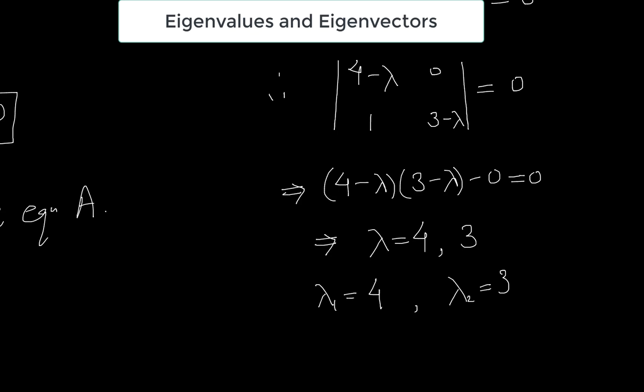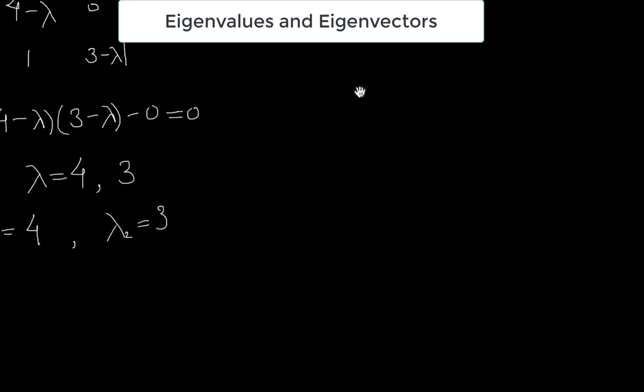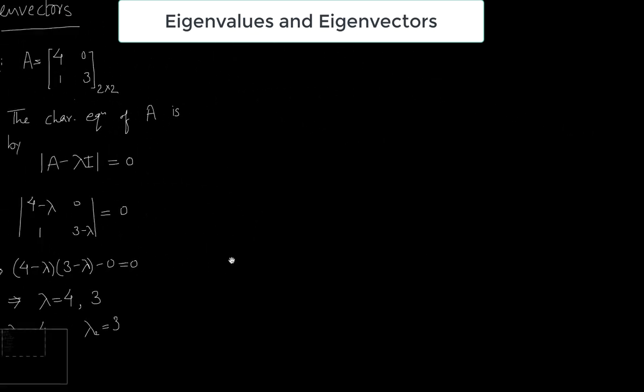Now we will see how to find the eigenvectors. So first, corresponding to lambda equal to 4, suppose x1, x2 is the eigenvector corresponding to lambda equal to 4.